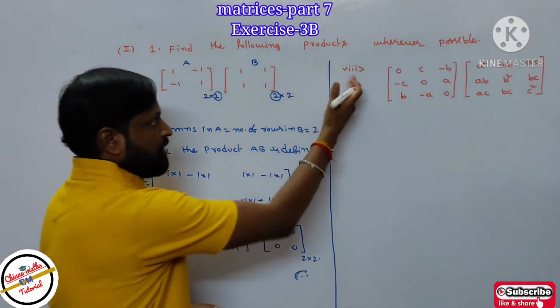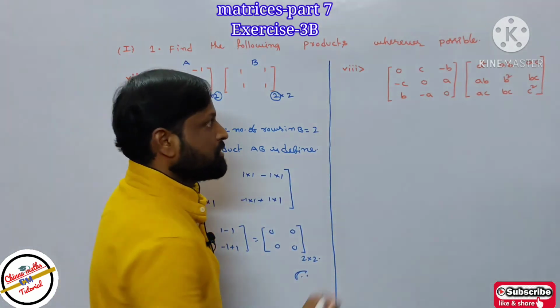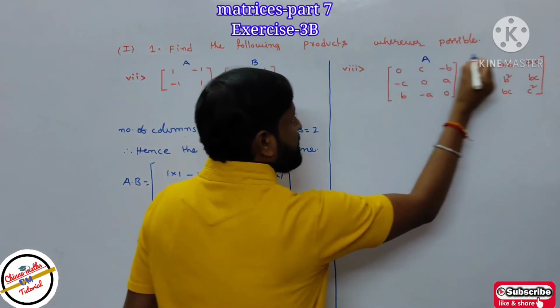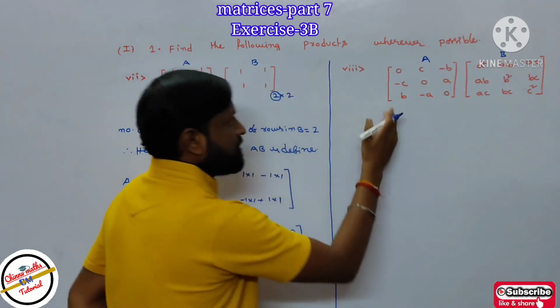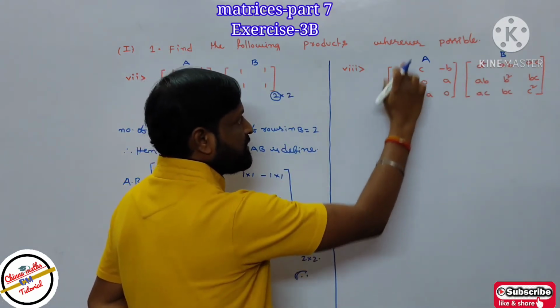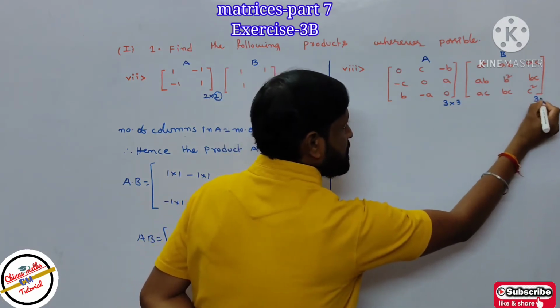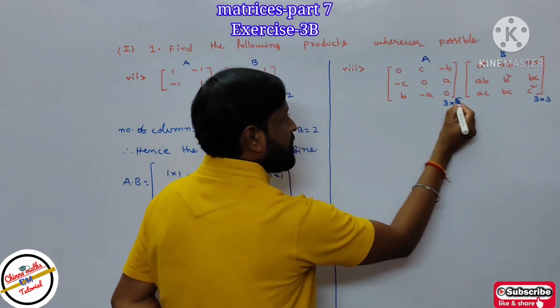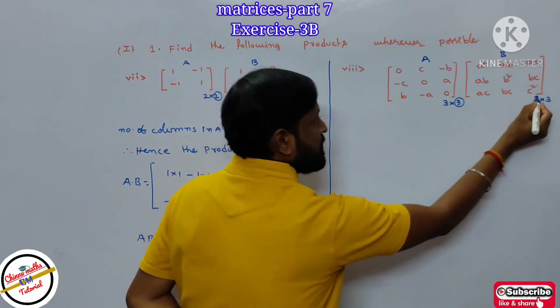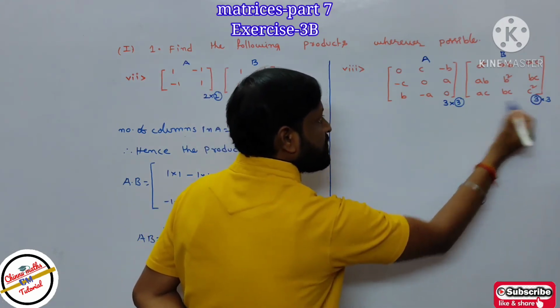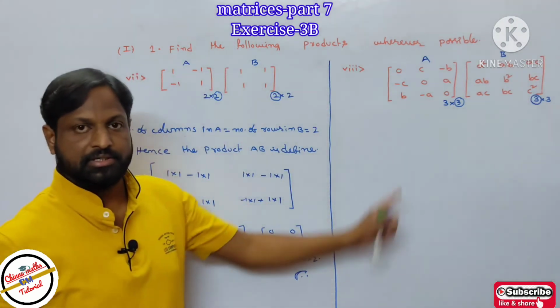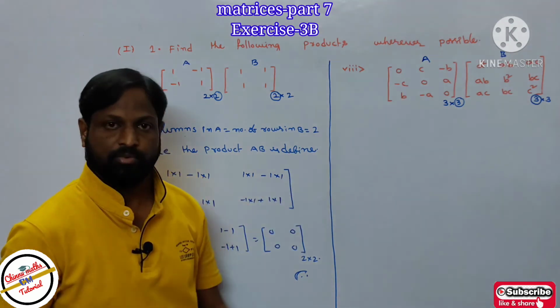Similarly, take the last question of the first exercise. It is matrix A, it is matrix B. What is the order? 3 rows and 3 columns. So it is 3 by 3, and B is also 3 by 3. The number of columns in matrix A and the number of rows in matrix B are both equal. Then the condition is satisfied, the product AB is possible.